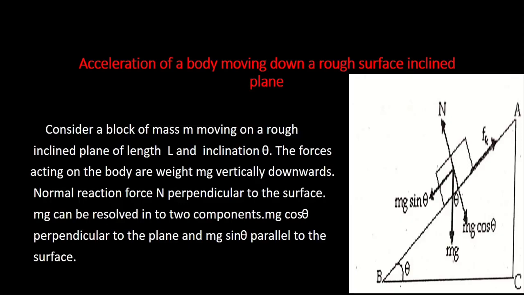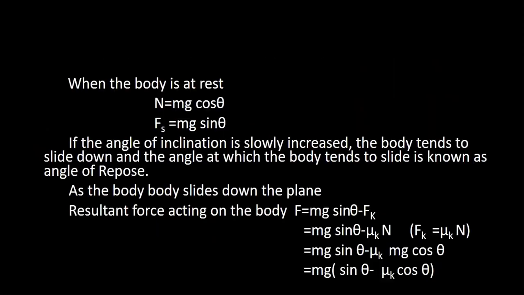Now, suppose the body on the inclined plane is at rest. At rest, the normal force is exactly balanced by mg cos theta, and mg sin theta is equal to the frictional force, that is static friction, denoted by the letter Fs.